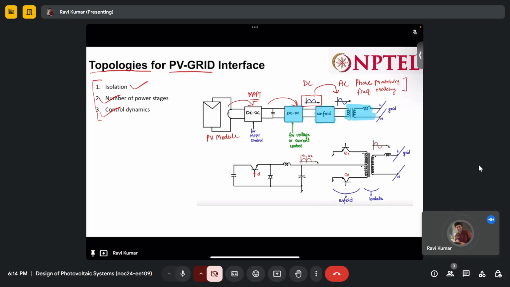By obtaining these two things, it is fed up to the grid. And this is how this unfold works.